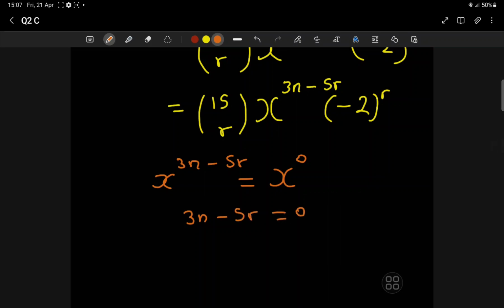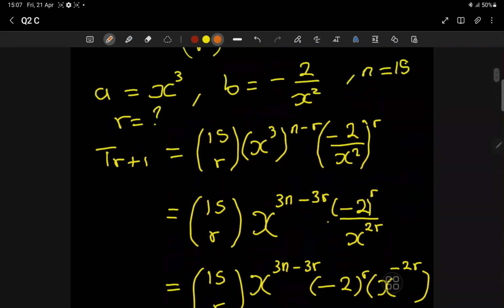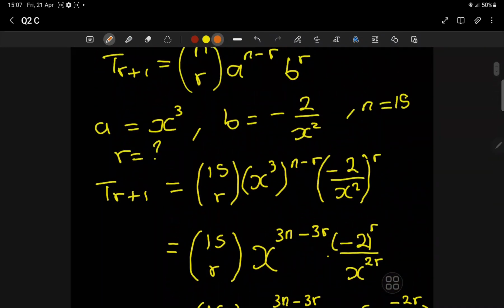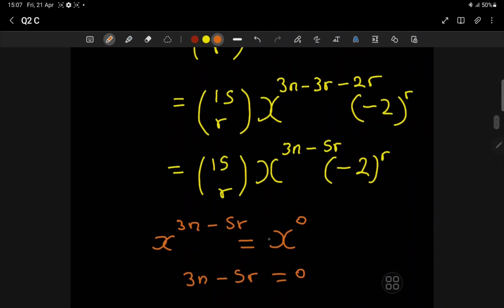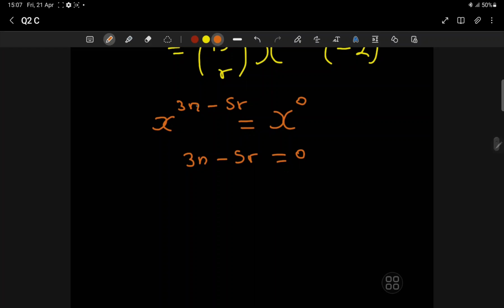One thing, in class we failed to replace n. We said it's 15, if you remember. So n is 15, and wherever there is n we need to put 15 here.